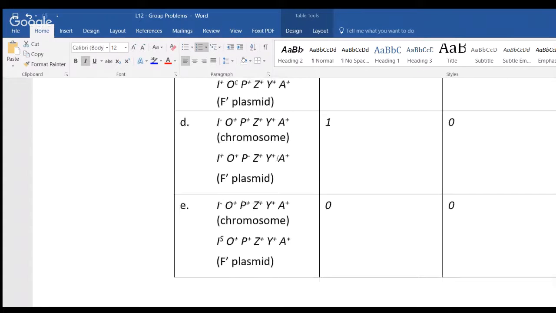For part E, nothing's going to be made for either one because they're really messed up. So the lacI on the chromosome doesn't work, and it also doesn't work on the F plasmid, so transcription can't even take place.